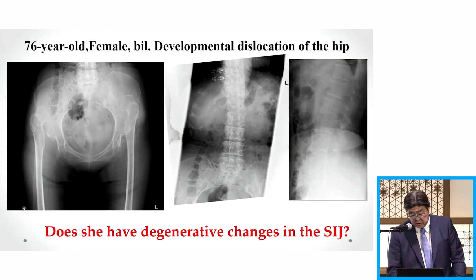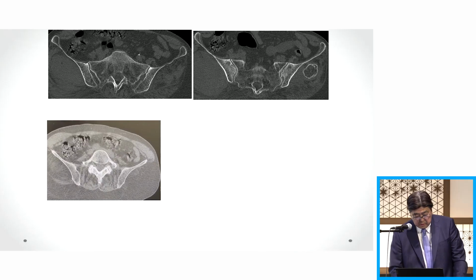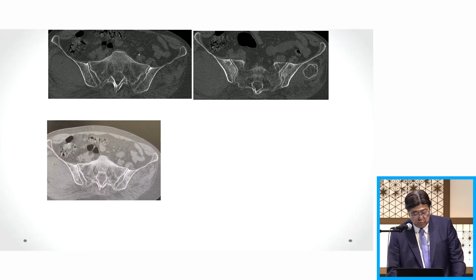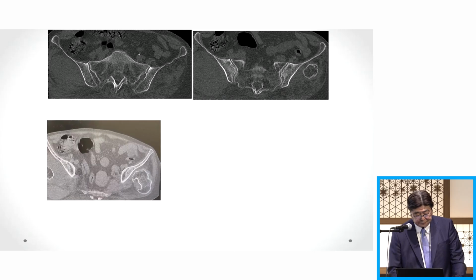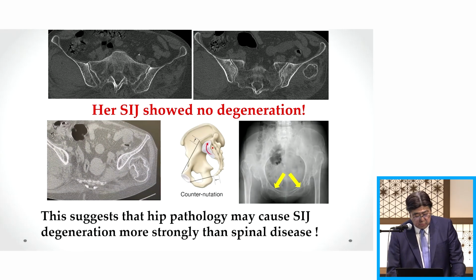Does she have degenerative change in the SIJ? What do you think? Surprisingly, her SIJ showed no degeneration. This suggests that hip pathology may cause SIJ degeneration more strongly than spinal disease.